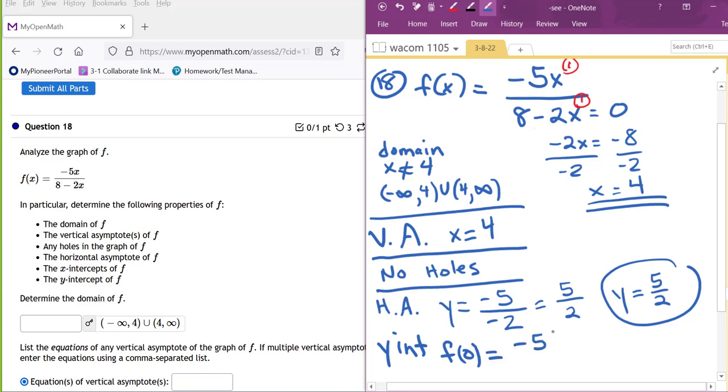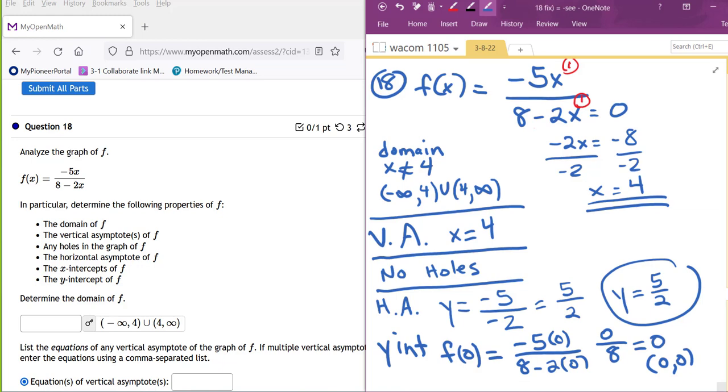So it's negative 5 times 0 over 8 minus 2 times 0. Well, this gives us 0 on the numerator, and 8 minus 2 times 0 is 0. So this is 0 over 8, which is 0. So the y-intercept is 0, 0.